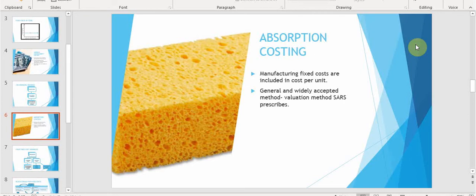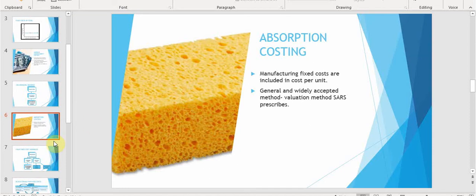So it's important for you just to know that absorption costing is the one that we basically then apply so that we don't have any differences with SARS, because of course nobody wants to calculate those difficult income tax, deferred tax calculations. But I need not tell you about those. I'm sure you are familiar with IAS 12.